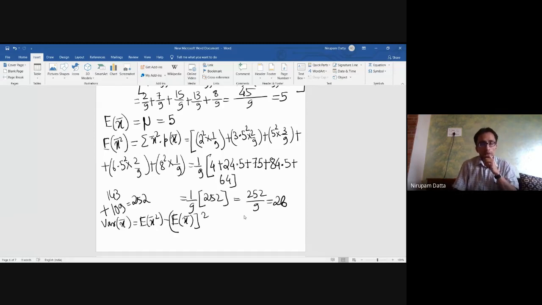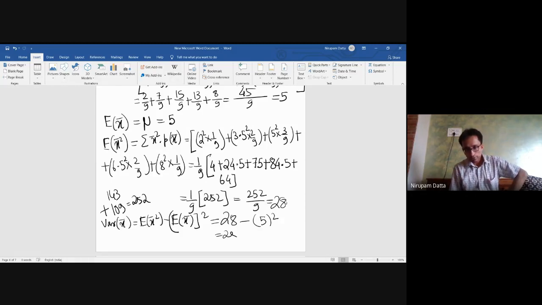Sorry, this is not 26, this will be 28. So Ex bar square, we already got 28. We know Ex bar is 5, so 5 square is 25. So 28 minus 25 equals 3. So we have calculated the variance of the sample mean.